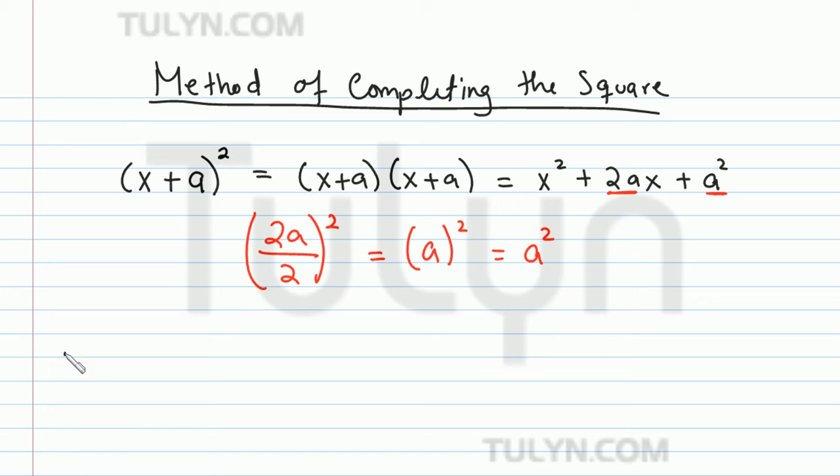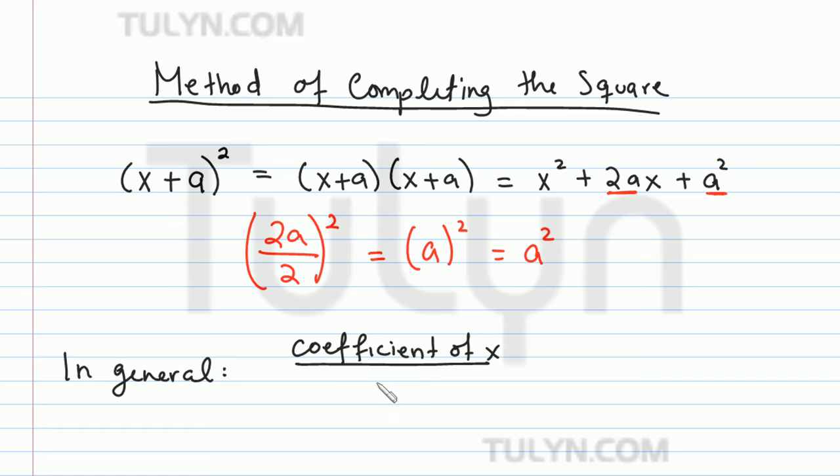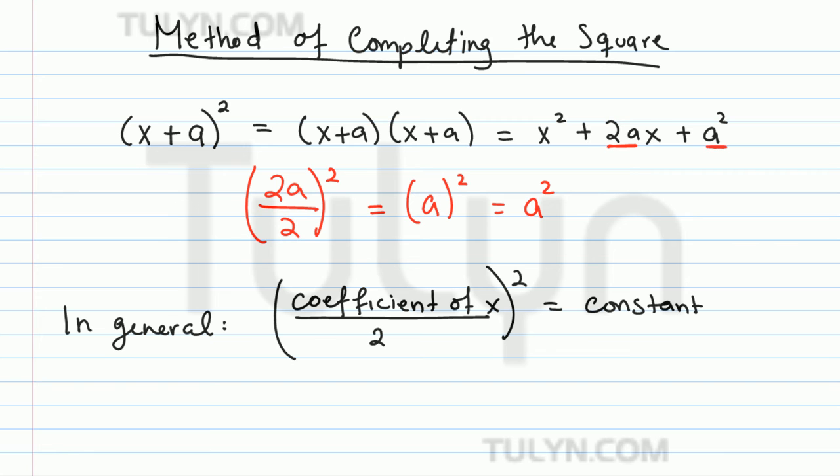Well, as it turns out, in general, if you take the coefficient of x, divide that by 2, and then square the result, you always will get the constant term. And that's the idea behind the method of completing the square.